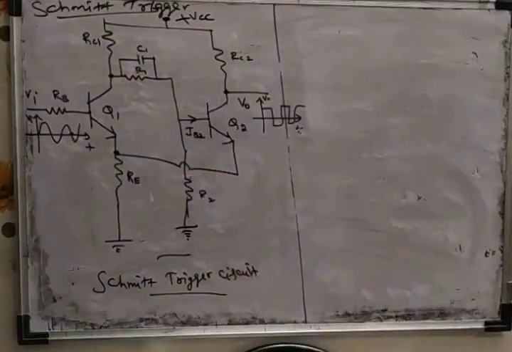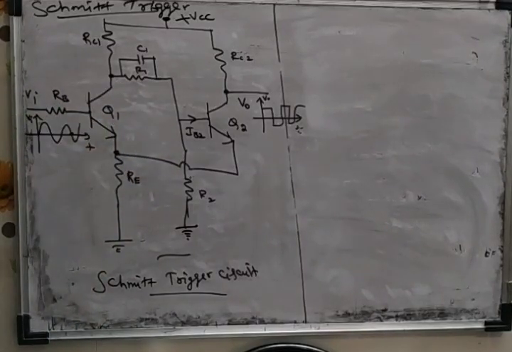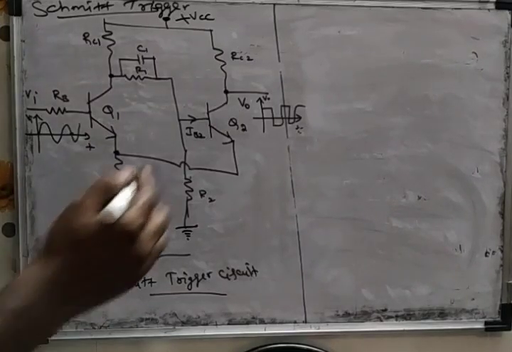As usual, you remember when a transistor is on, its collector voltage will be the saturation voltage, and if the transistor is off, its collector voltage is the supply voltage plus VCC. This is also like a multivibrator, where one transistor is on at a time. So now we see the operation.